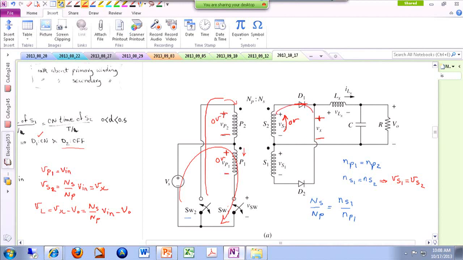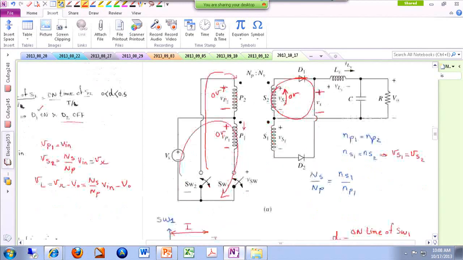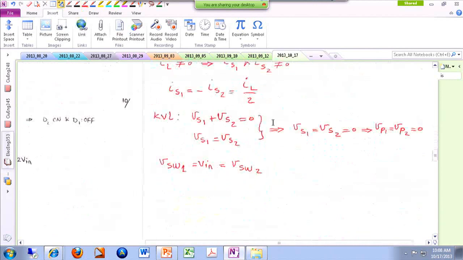So if you apply KVL to this little loop, Vx is also 0. Therefore, Vx is 0, and this turns out to be equation number 1. In the first mode, we had an expression for Vx. In the second mode, now we have an expression for Vx. Now let's take a look at the third mode.